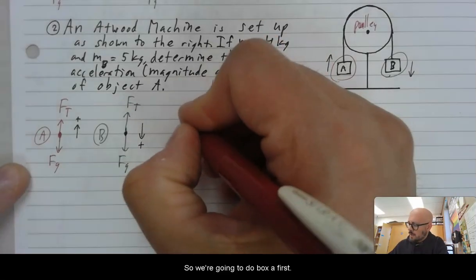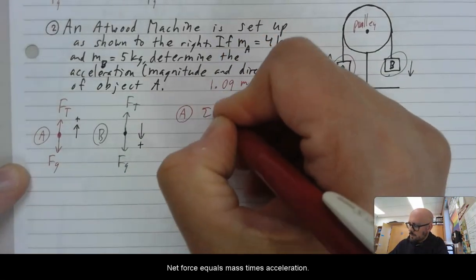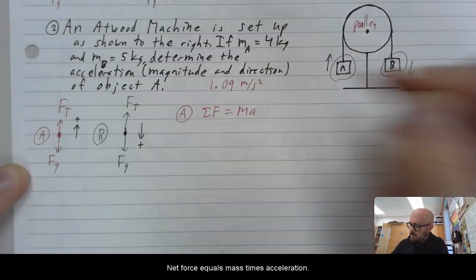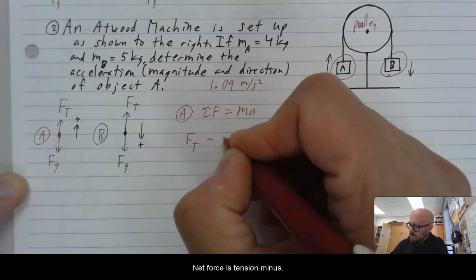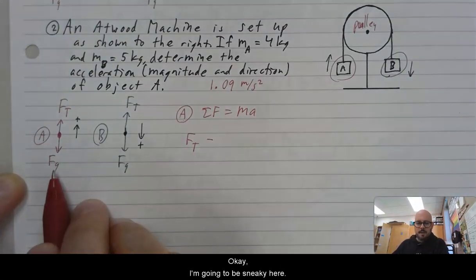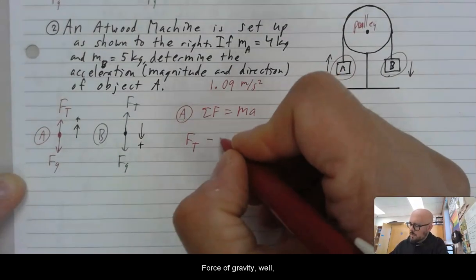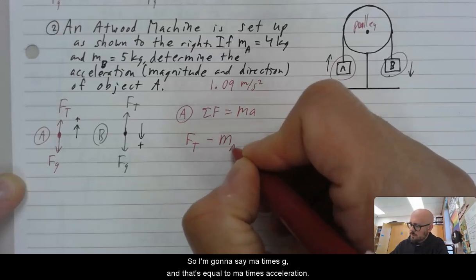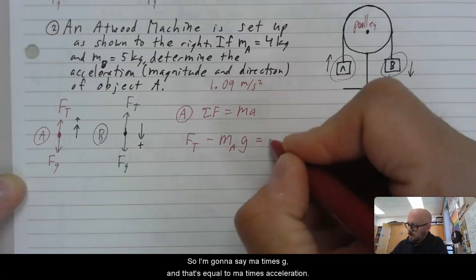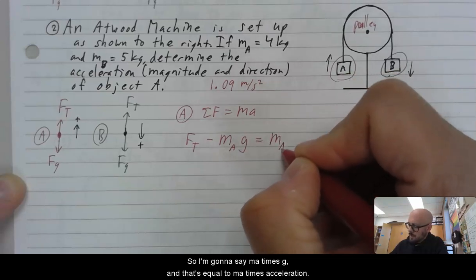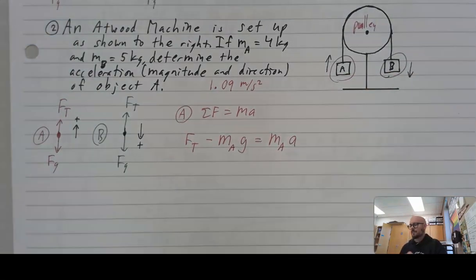So we're going to do box A first. Net force equals mass times acceleration. Net force is tension minus, okay, I'm going to be sneaky here, force of gravity. Well, that's just m times g, so I'm going to say MA times g, and that's equal to MA times acceleration.